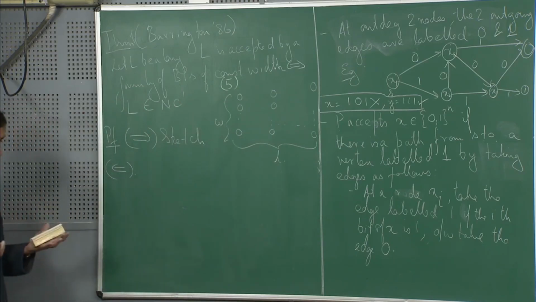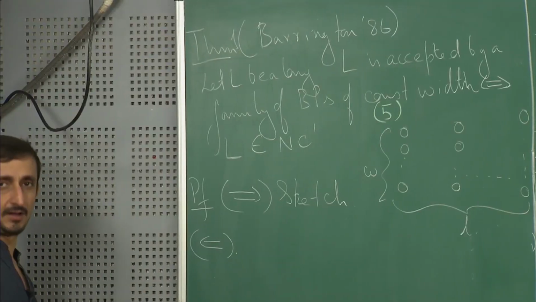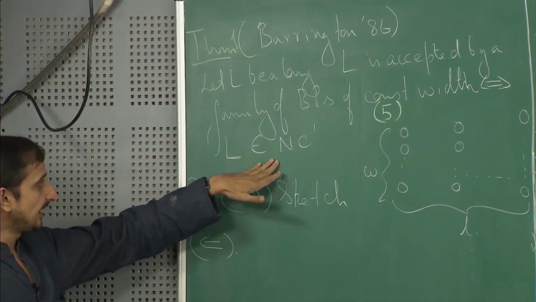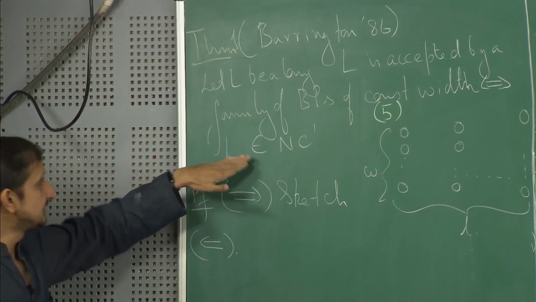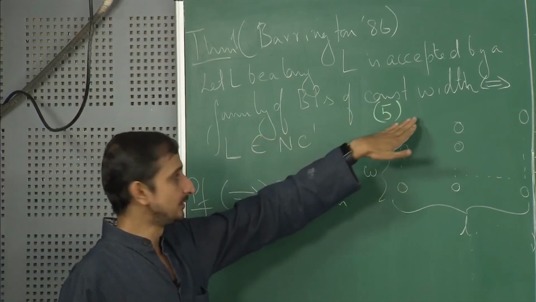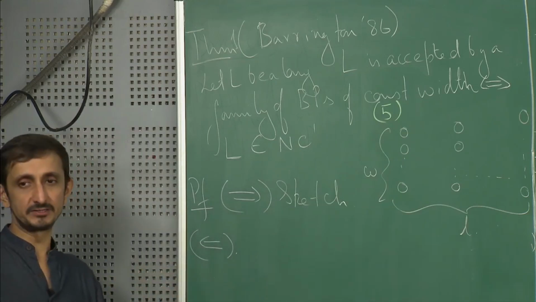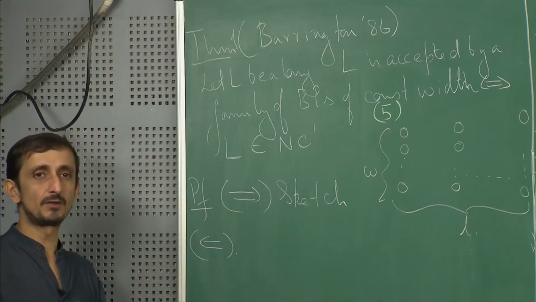And we will show an even stronger result: not only is there, for any language in NC1, a family of branching programs of width 5, but there is a family of a very special type of branching program, namely a permutation branching program.